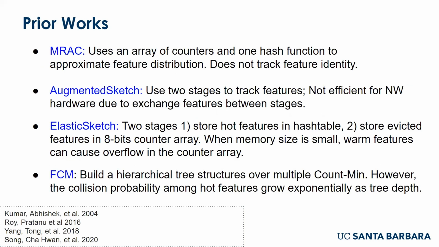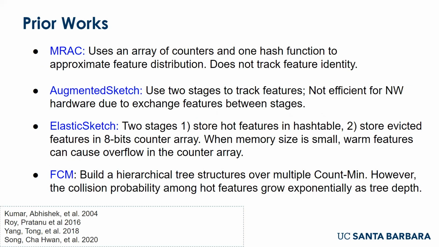There are many prior works solving one of the problems, but not all of the challenges and problems. For instance, MRAC uses an array of counters and one hash function to approximate feature distributions. However, it does not track feature identity.